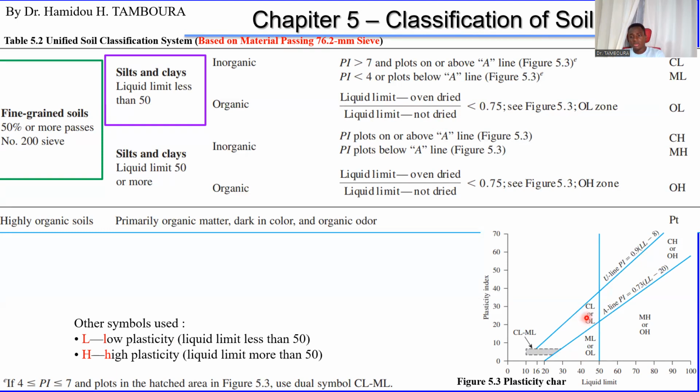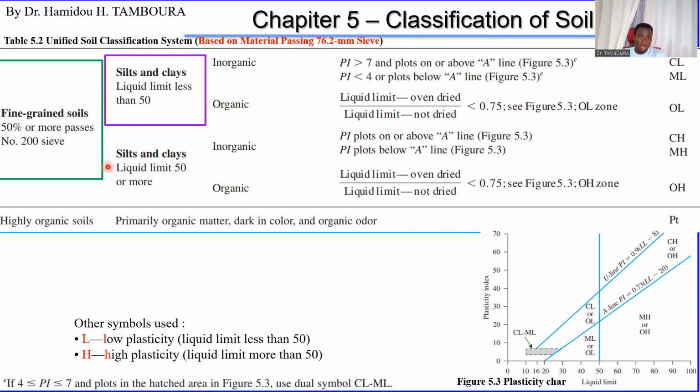Here also is OL. The O stands for organic. L means low plasticity. I think everything here is low plasticity. The plasticity is low, not high.